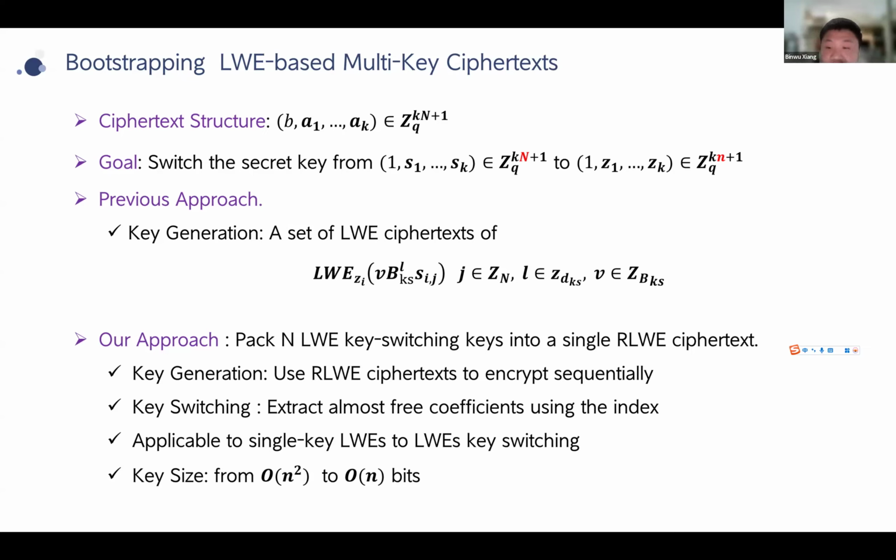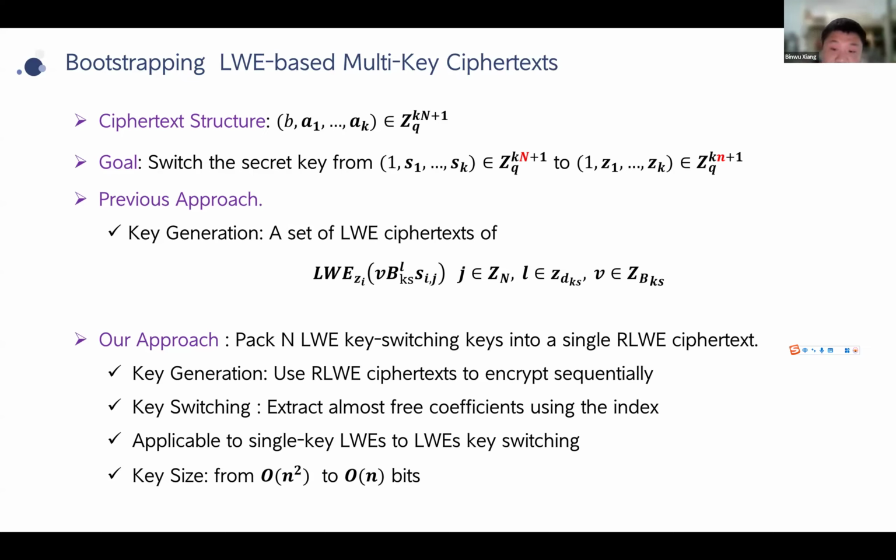This method is also applicable to single-key LWE to LWE key switching. As a result, the key size is reduced about 100 times, and theoretically speaking, we reduce the key size from O(N squared) bits to O(N) bits.